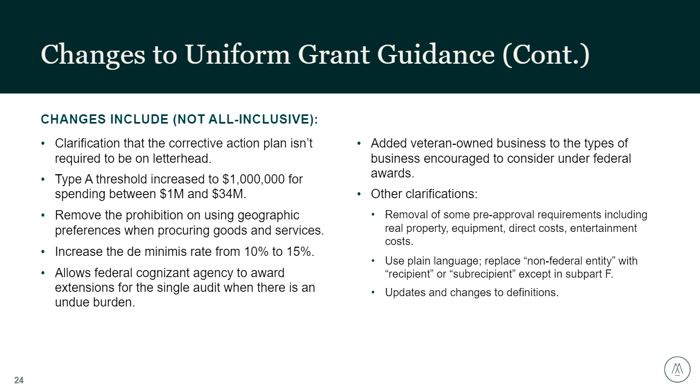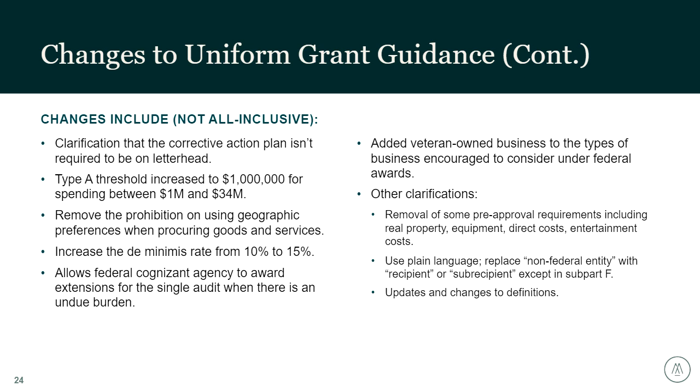And also for entities with total federal expenditures under $34 million, the Type A threshold that's used to determine major programs is going to be updated to $1 million. It also increased the threshold for the Type B programs that require risk assessment to $250,000.